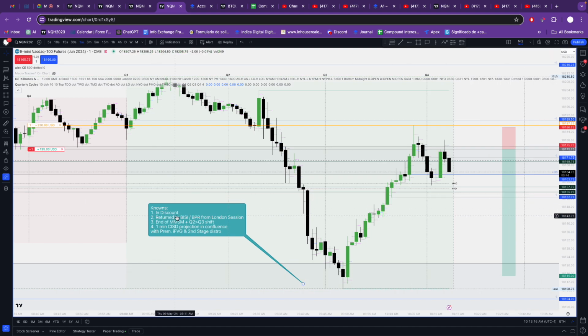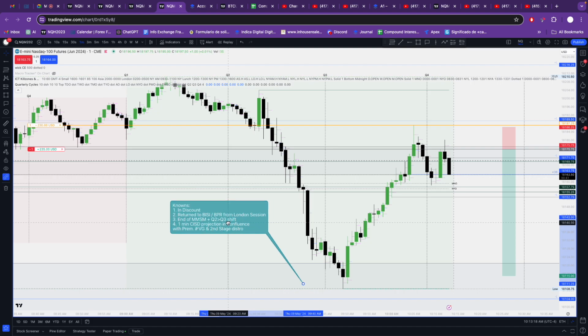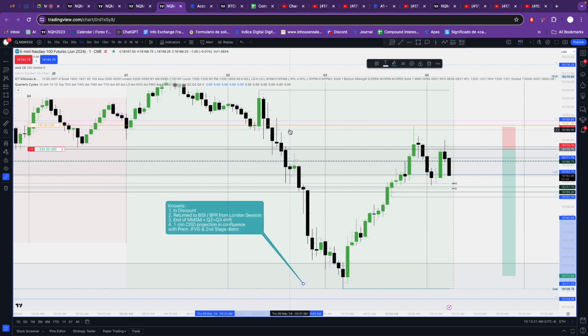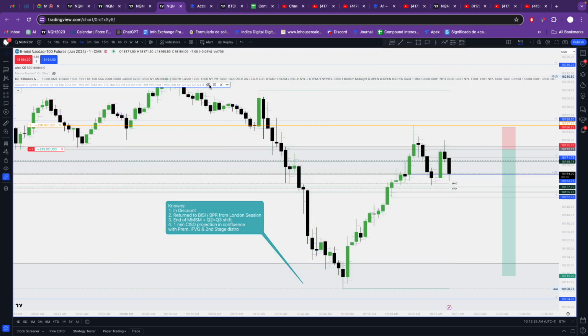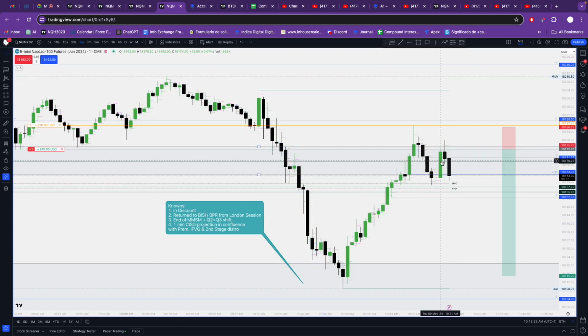So I'm confused about the green candle you said that we needed to wait for before. Hold on, let me get rid of this. This candle here, this one.